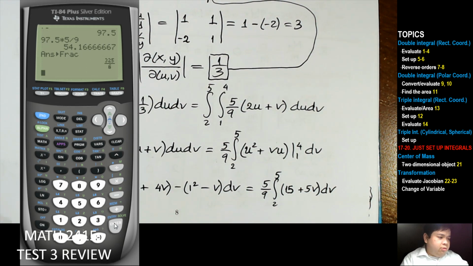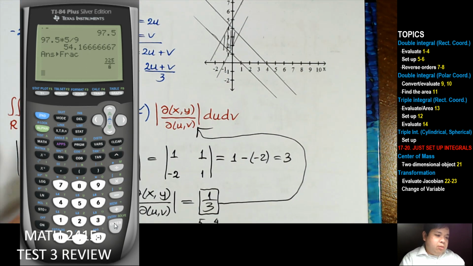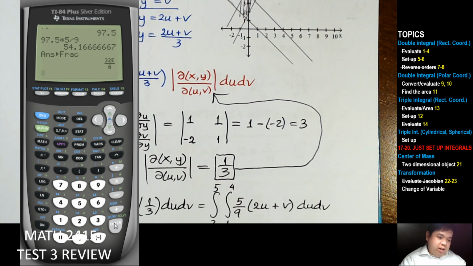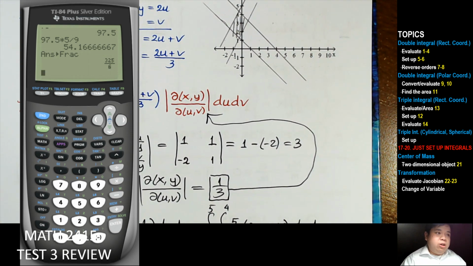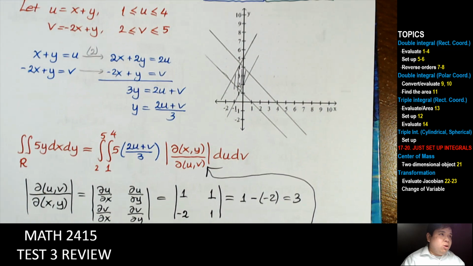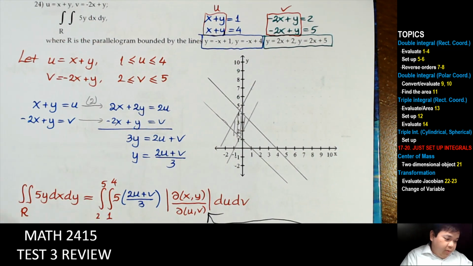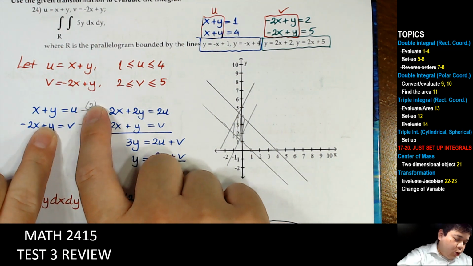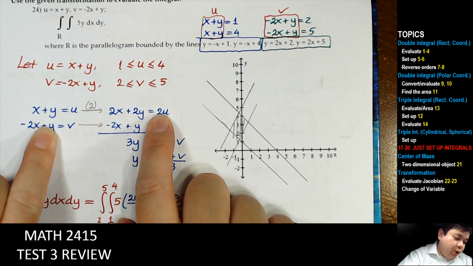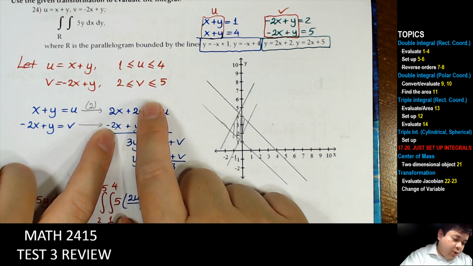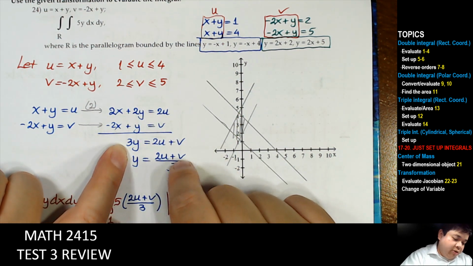Alright, that's a little bit off. Let's check with the answer on the back and see what's wrong there. I need to go back and check it. Right, first the function phi multiplied by the Jacobian, 2u plus v divided by 3.